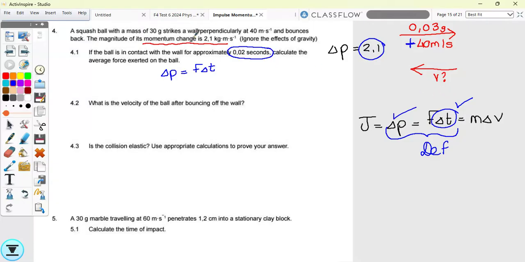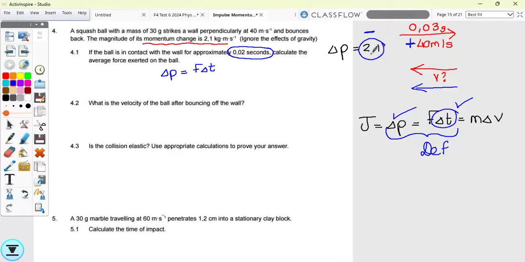So they're asking us to calculate the force exerted on the ball. That means the force is from the wall on the ball, which means it's to the left. And that means if to the right was positive, then this answer must be negative. So be careful here.